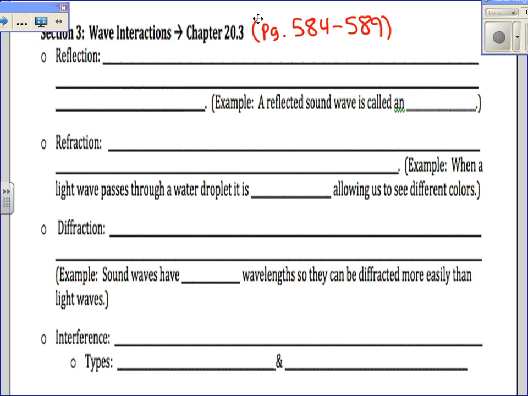The first thing that we need to do is discuss reflections. I'm sure many of you have heard of reflections before, or you can look at yourself in the mirror and see your reflection. Okay, this is based on light though.